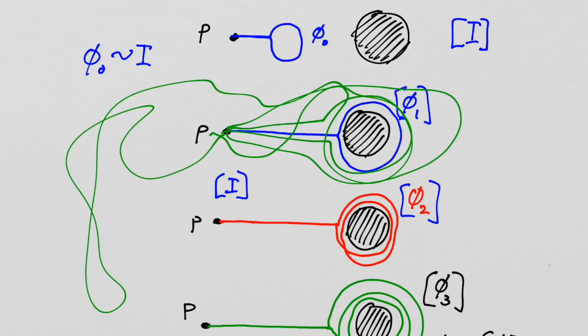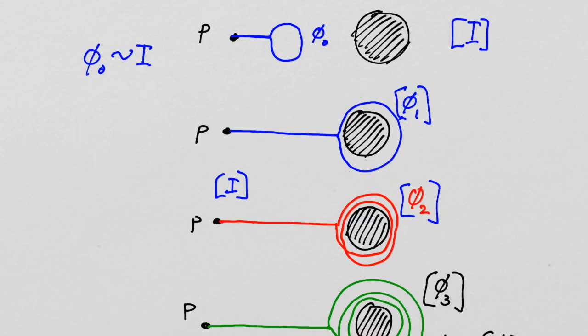That will all be homotopic to phi 1, and as such is a member of the equivalence class of phi 1. So phi 1 is our representative loop. It's just one member of a vast equivalence class.